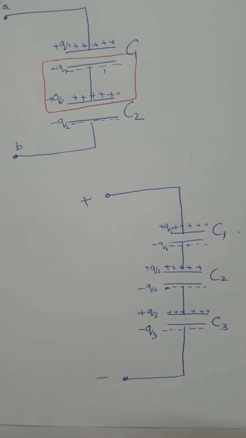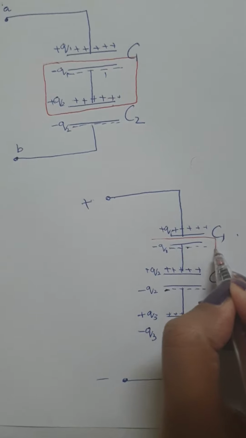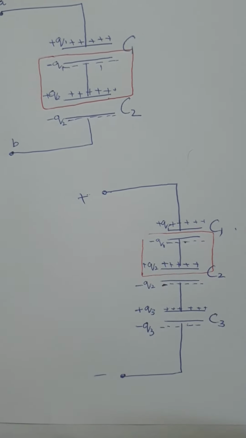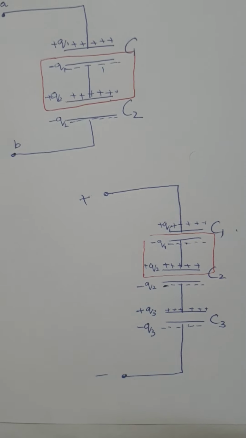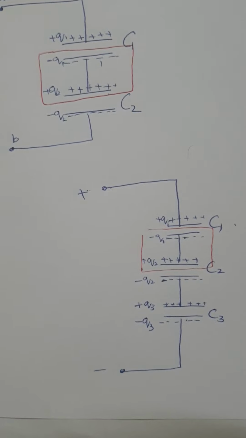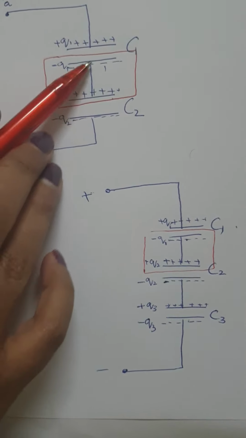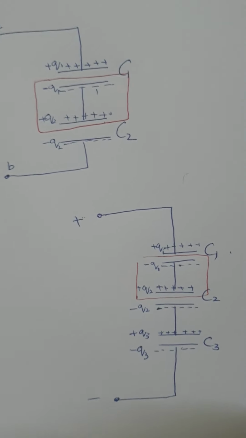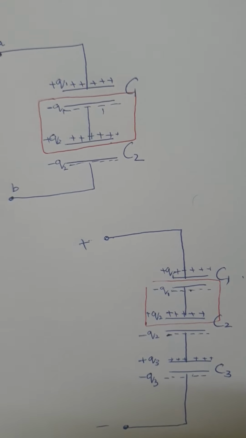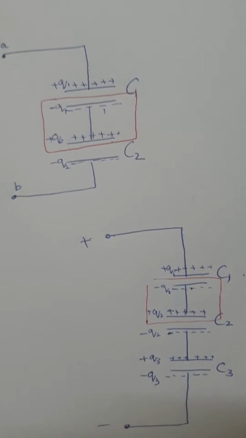So the part of the circuit like this one is electrically isolated from the rest of the circuit, thus its charge can only be redistributed. It's the same thing which we discussed here. The net charge is 0 here. It's only a redistribution of charges. Now we can draw a circuit for the equivalent capacitor.